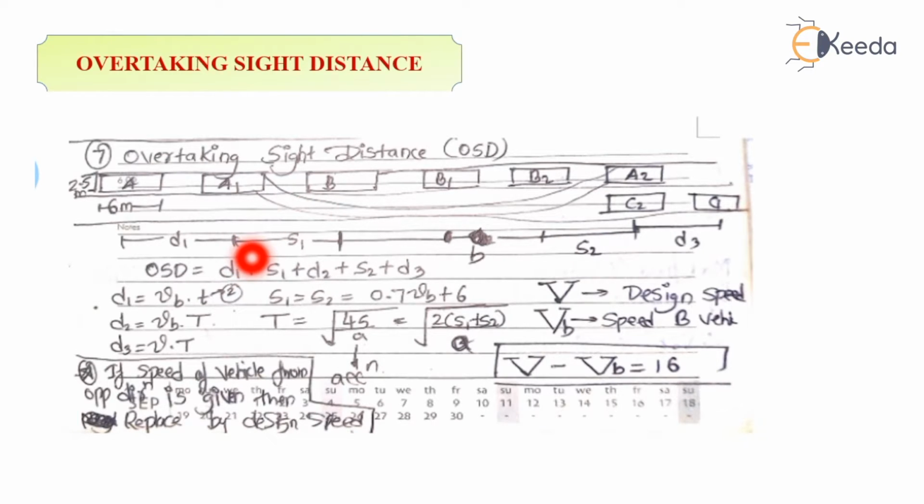S1 is the distance from vehicle A1 to B, S2 is the distance from B2 to A2, and B is the distance from B to B2. So D1 and D3 are simple, but the main component of the overtaking side distance lies in D2. This is a combination of S1, B and S2.